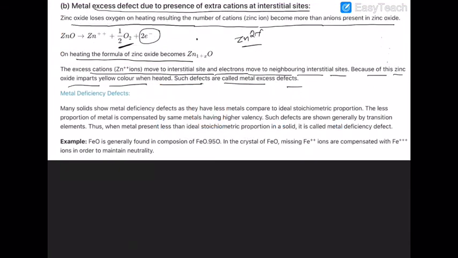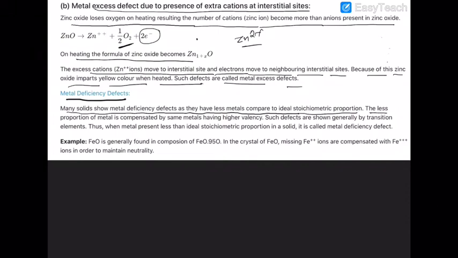Okay. Now next is about the metal deficiency defect. In this case, what happens? Many solids show metal deficiency defect as they have less metal compared to the ideal stoichiometric proportion.